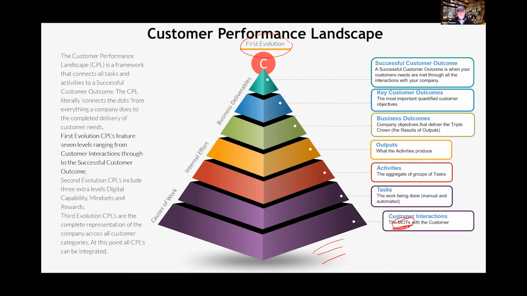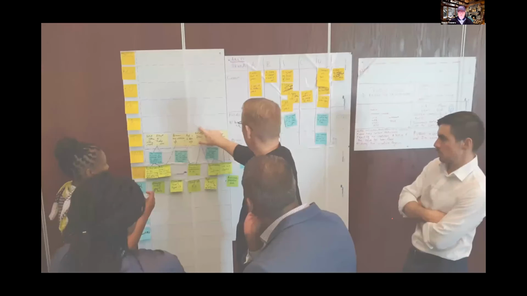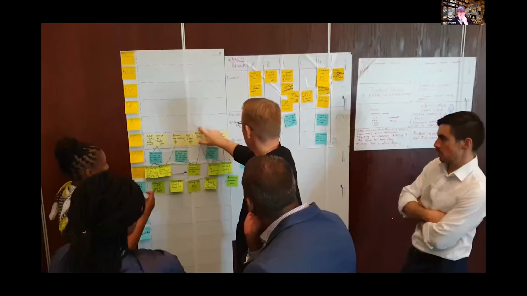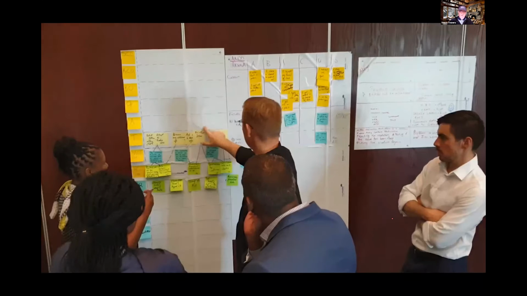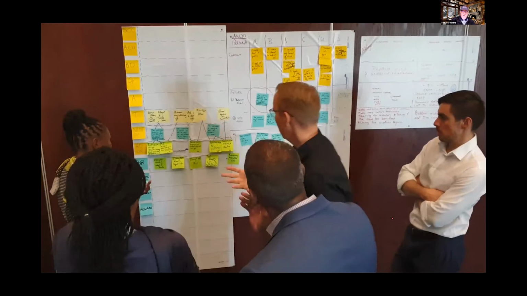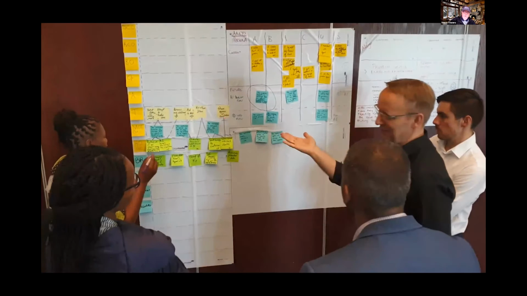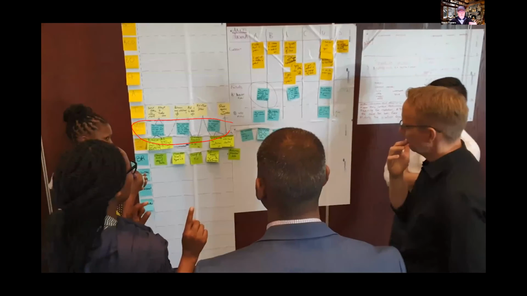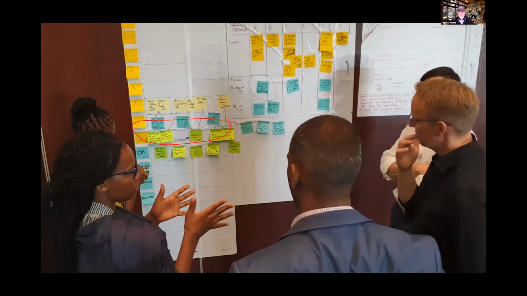Second evolution is when we're identifying that, and that's what these guys are doing here. They're working out, based on the number of moments of truth, what the tasks and activities are. What are the underpinning business rules? What are the internal things that we're doing to deliver the moments of truth?